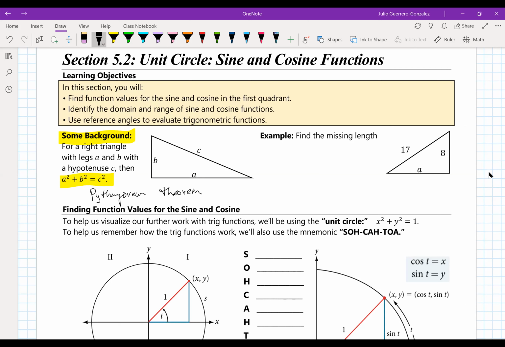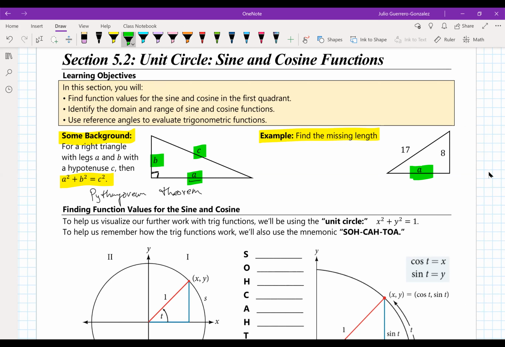It's the Pythagorean theorem. So suppose you had a right angle, right? Then this squared plus this squared has got to be equal to this squared. That's simple, okay? So I want to use this on an example. I want to find the missing length because we're going to be doing a fair amount of this.